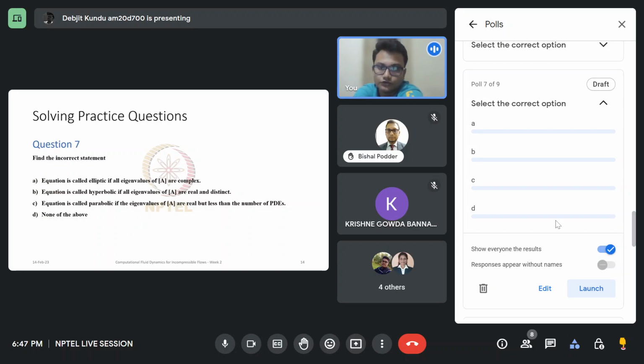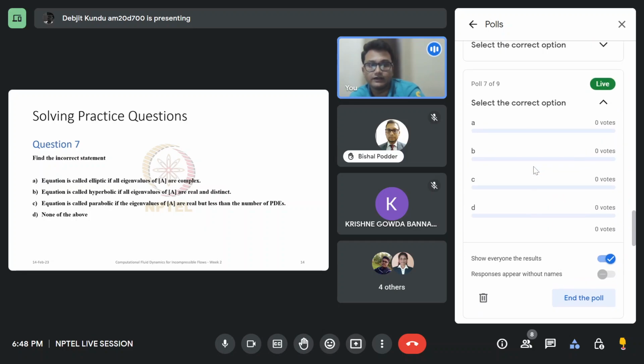We will move on to question number 7 of today's session, which is asking us to find out the incorrect statement. There are 4 statements given here. We have to find out the incorrect one, and once we figure out the correct option, we can select that option. So what are the 4 options?